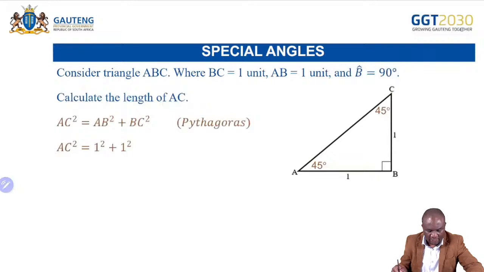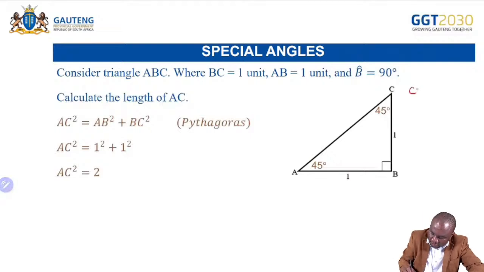Right. And then, what is 1 squared plus 1 squared? 1 squared is 1. It means AC squared is equal to 2. And then what do we do to get AC? We square root both sides. It's going to be the square root of AC squared is equal to the square root of 2.